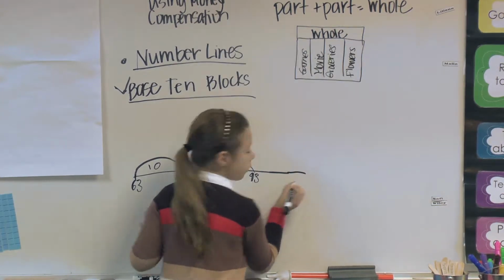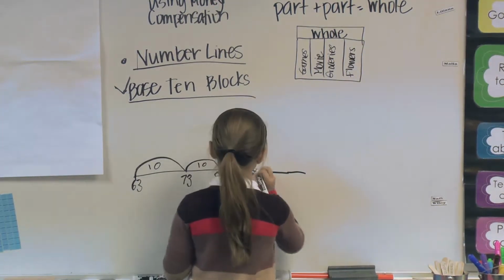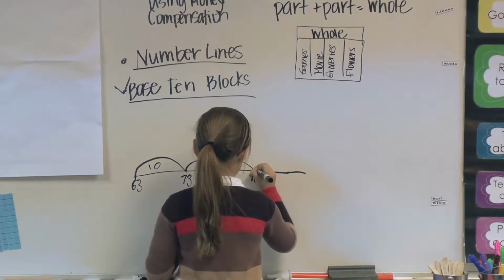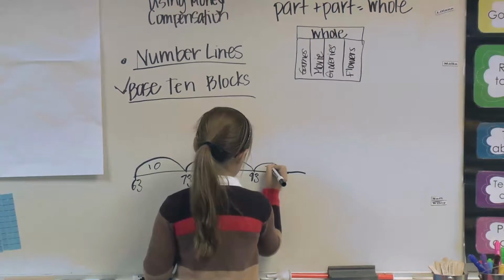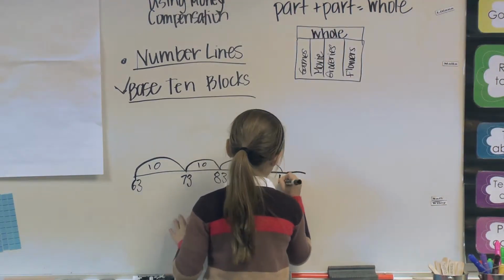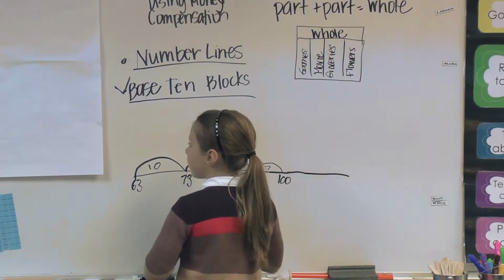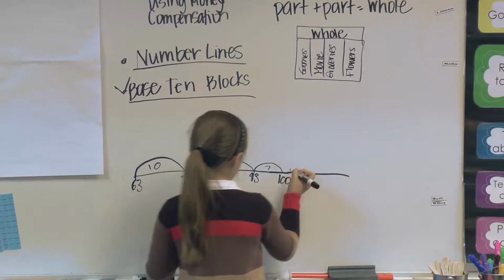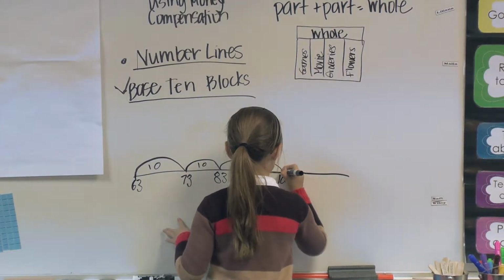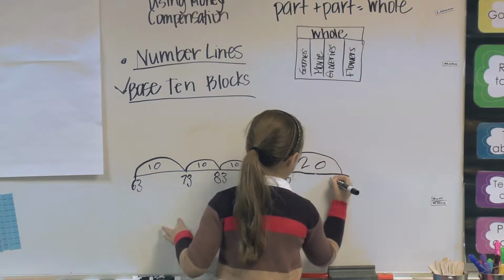So Taylor, what number were you building? 30. Oh, I forgot the 7. So I take one jump of 7, and that would be 100. Now you would do 24. So I'm gonna do one jump of 20, and that's 120.